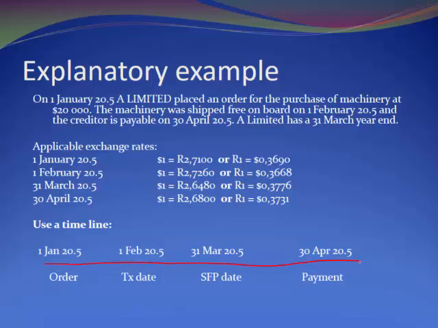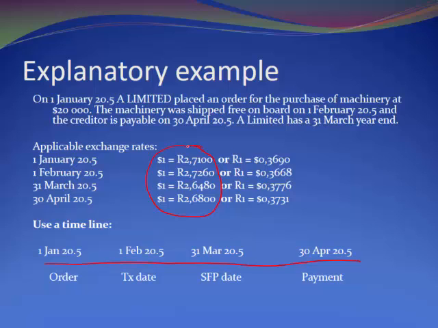But before we continue with the timeline, let's just look at what information is given to us. In this question, we gave you the exchange rate in the form of $1 equals 2 Rand 71. The next one, $1 equals 2 Rand 72.6. And that is the way that we will usually give you the exchange rate.